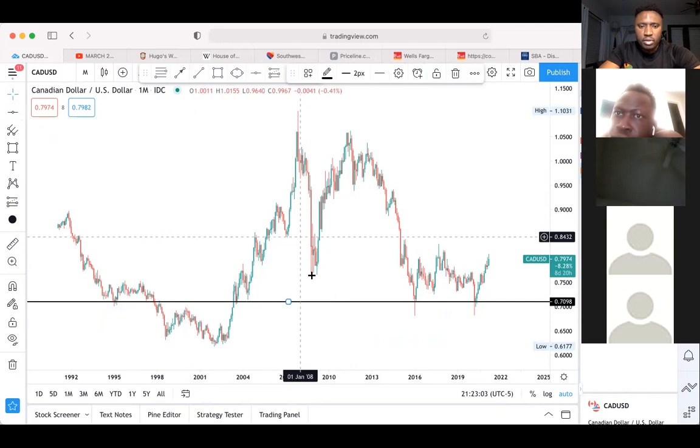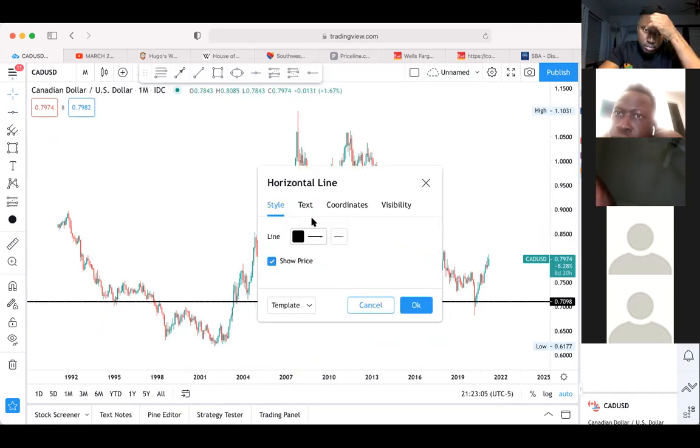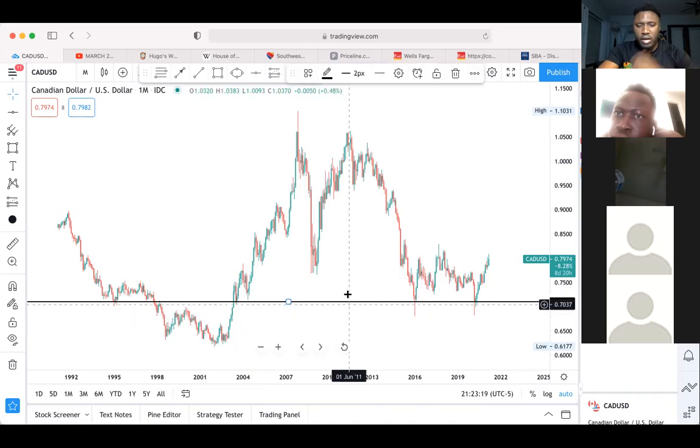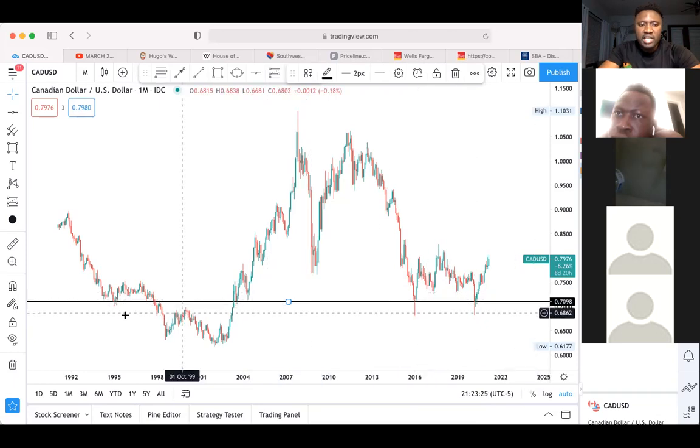I'm going to make that bigger. Okay, right here. You guys see that line that I just put? This long line, that is my first support.